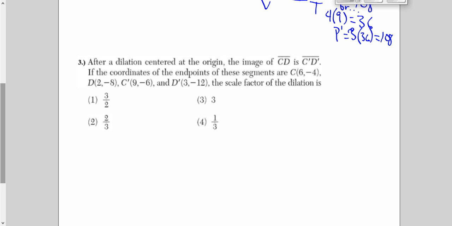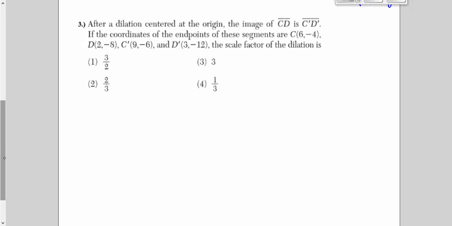Yeah, okay, scale factor, new over old. That's kind of why I did use that and not the words pre-image and image, because I know sometimes that can get confusing, new over old. So, new what over old what? What did you use exactly? C and C prime.